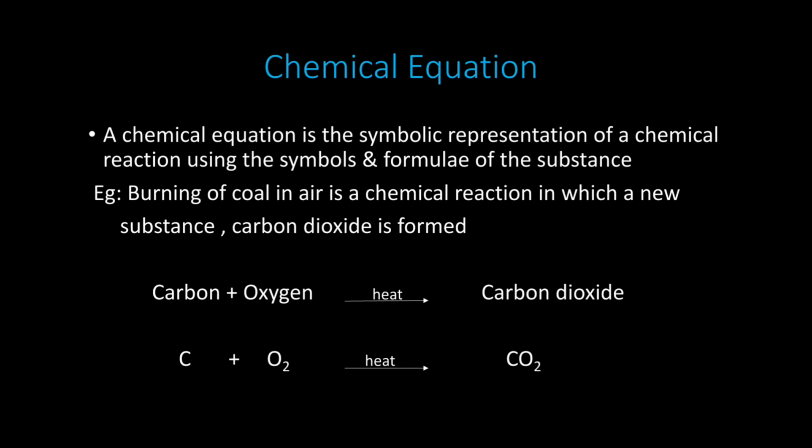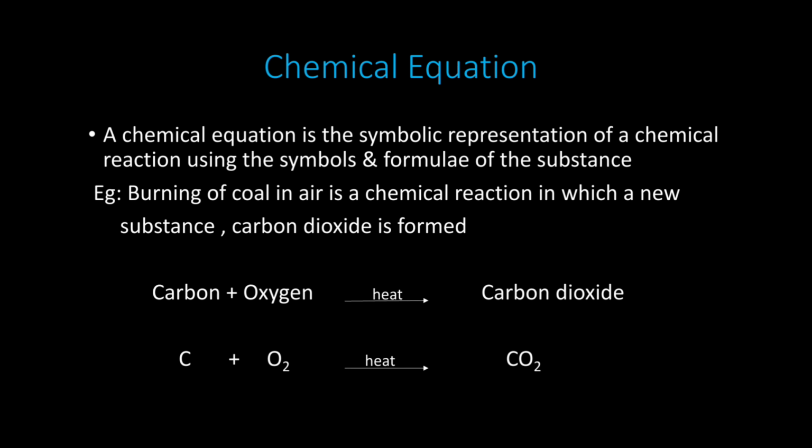Now we see a chemical change and we know that some chemical reaction might have occurred. We want to write it in the shortest form, so we use a chemical equation. Now the example: when you make it into a very short form, look here, carbon plus oxygen gives you carbon dioxide.